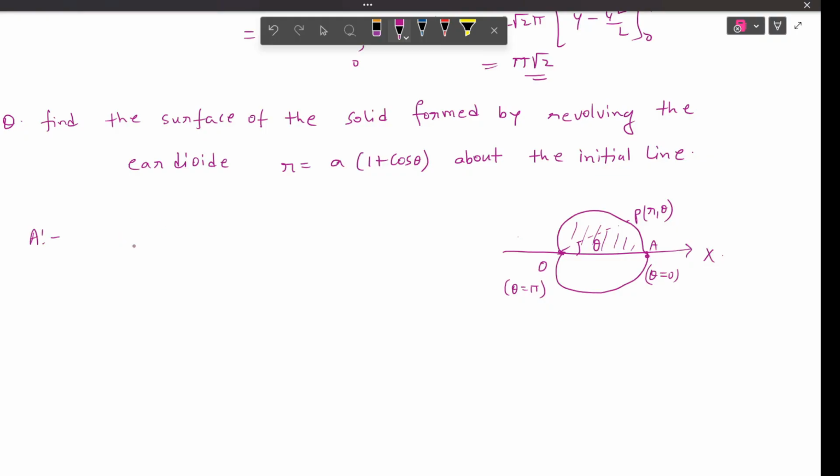So the required surface area would be 2 pi integration from 0 to pi, and we know in polar form it is r sin theta, square root of dr square plus r d theta square.